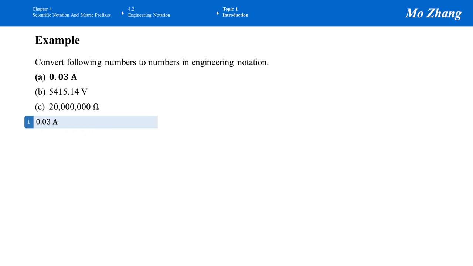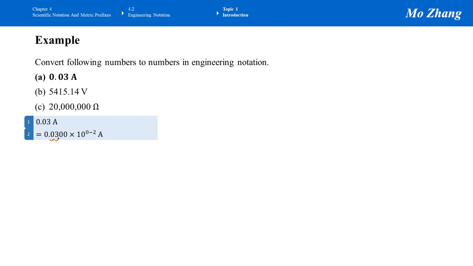The question is how many times we need to move the decimal point. If we move the decimal point to the right twice, it becomes 3. Since we move the decimal point to the right twice, we need to do the opposite for the exponent. The exponent needs to subtract 2. 0 minus 2 is negative 2 and is not a multiple of 3.